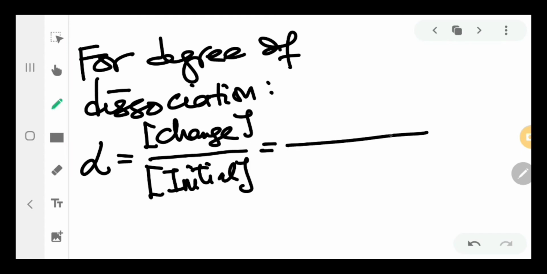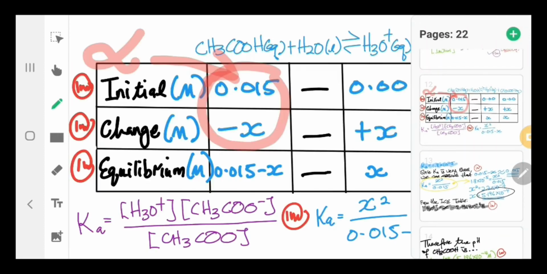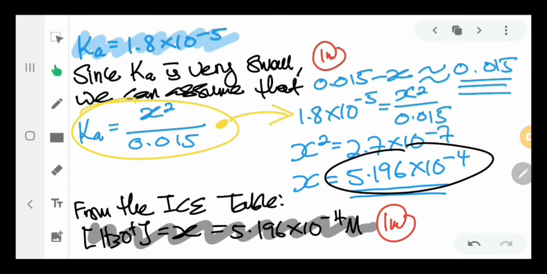The change that we have, what is the value of x? Remember, change is defined as x here. That is the change, and the value of x is this.